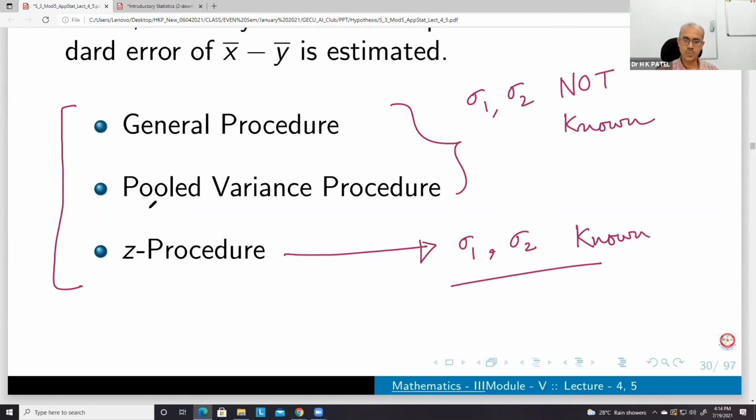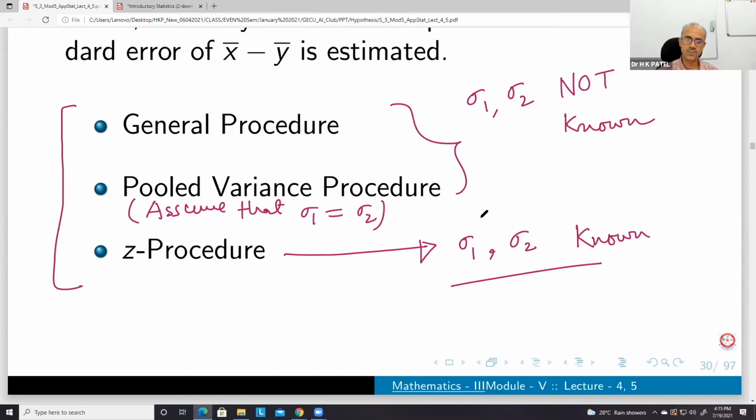But in case of pooled variance procedure, what we do, we assume that sigma 1 is equal to sigma 2. Though they are not known, we assume that whatever the value of standard deviation of the first population is, the second population also has the same standard deviation. This we assume.